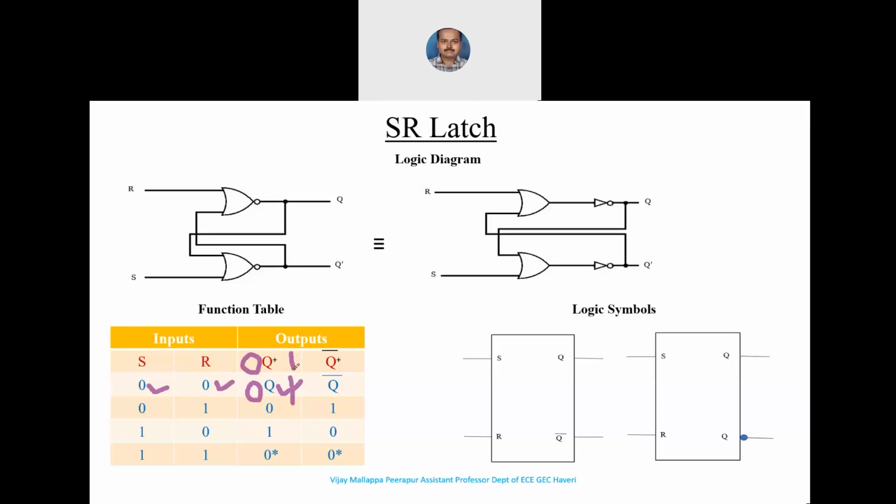Everyone understood this one? Then when S is 0 and R is 0, the next state is equal to the previous state, whatever value is stored in Q. If Q is 0, the next state is also 0. If Q is 1, the next state Q plus is also equal to 1 there.